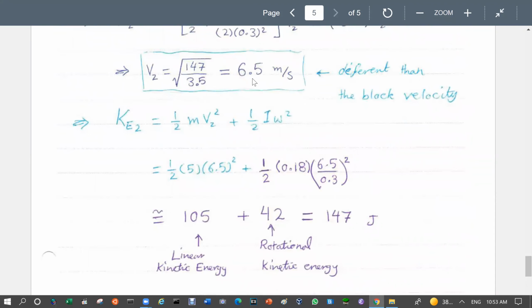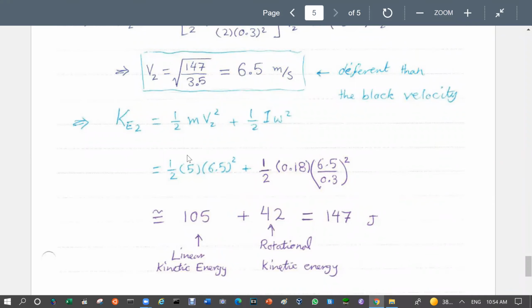Omega squared is v squared over r squared. Okay, v squared, this is v. R is 0.3 squared. This is omega, by the way. Omega is 6.5 over 0.3. It will be almost maybe 22 or something like that. Now, the total kinetic energy is the total mechanical energy, which is 147, as we know.